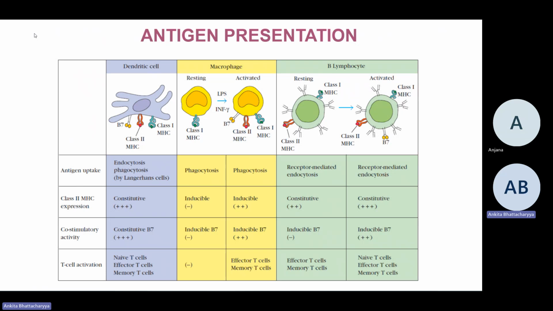But activated macrophages are very much capable of taking up antigens by phagocytosis, and they also have inducible class 2 MHC expression. What you need to keep in mind is that there is a difference between the term inducible and the term constitutive. Constitutive means that dendritic cells will always keep on expressing class 2 MHC molecules.